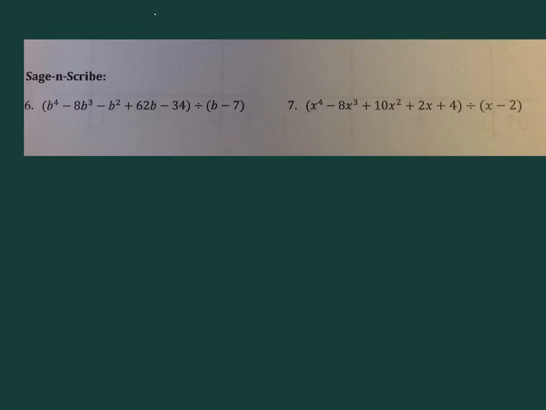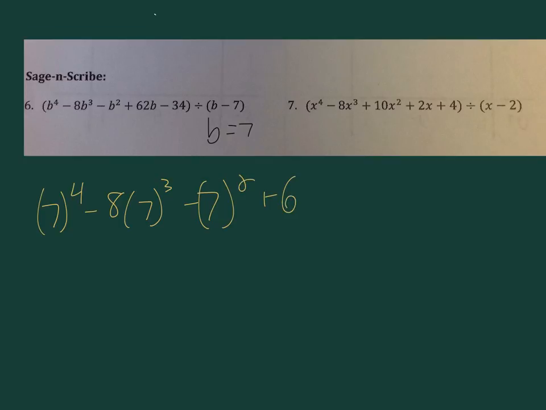If we look at number 6, they are giving us the problem, and we are dividing that by b minus 7, the solution to which would be b equals 7. So we're going to plug 7 into the equation. We would have 7 to the 4th minus 8 times 7 cubed minus 7 squared plus 62 times 7 minus 34.